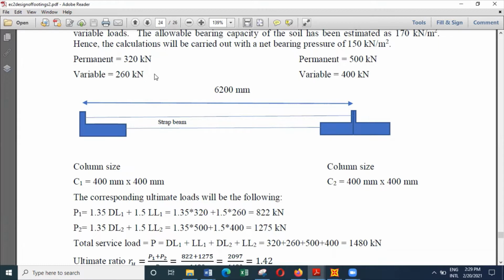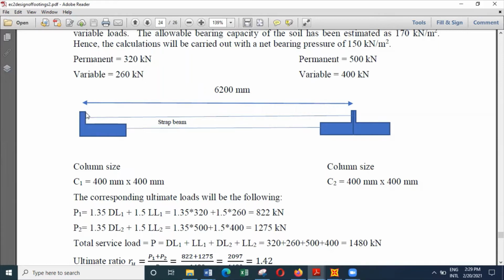And because we know the load will be higher, let's select something like 1.8 meters for the length of this base. So if you select 1.8 meters, then from the center it's 0.9 meters.